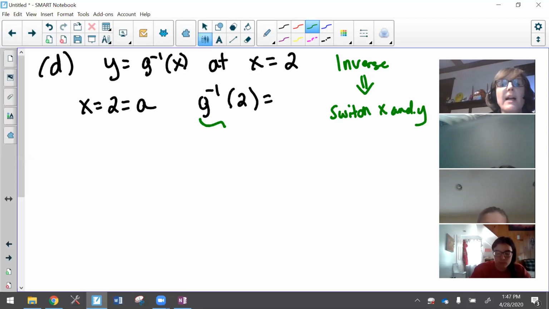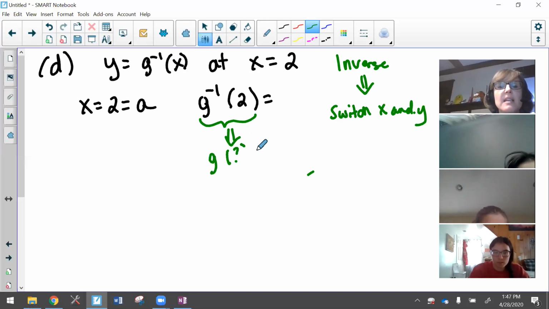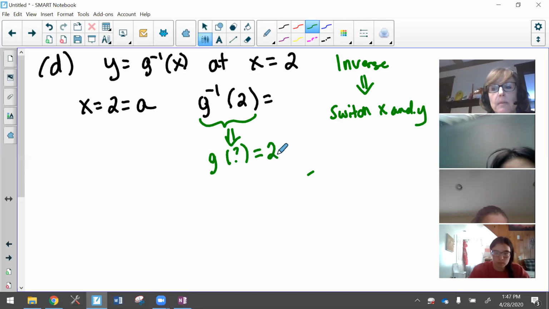So what this expression is really saying is g of something is going to be equal to 2, because I want to switch my dependent and independent variables.